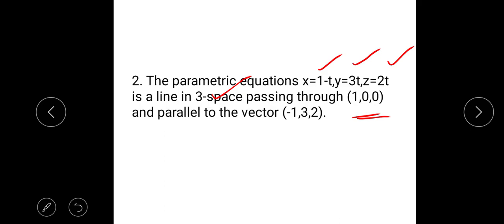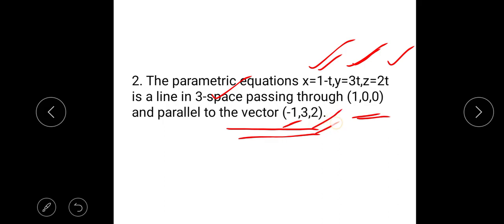And it is parallel to the vector minus 1, 3, 2. How are we getting that triplet? You consider the coefficient of t from each equation. From the first equation, the coefficient of t will be minus 1. From the second equation, the coefficient of t will be 3, so the second coordinate is 3. And from the third equation, the coefficient of t is 2.